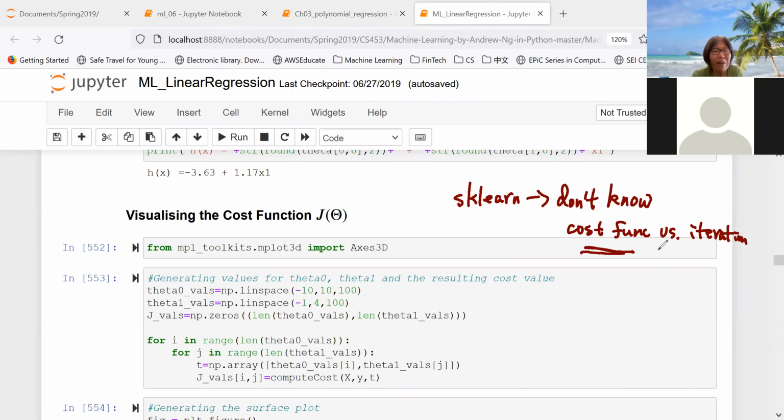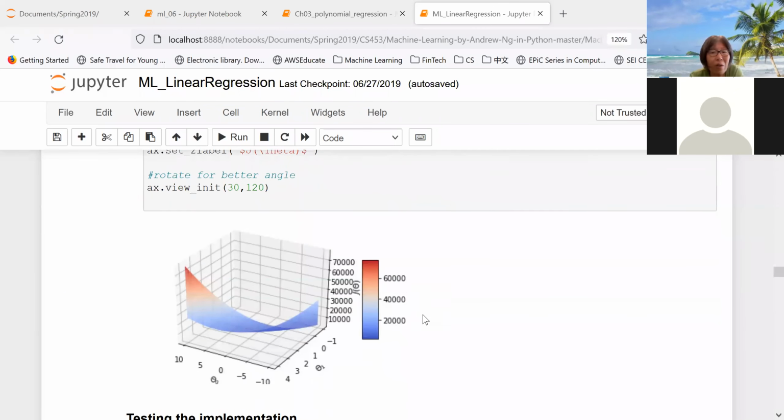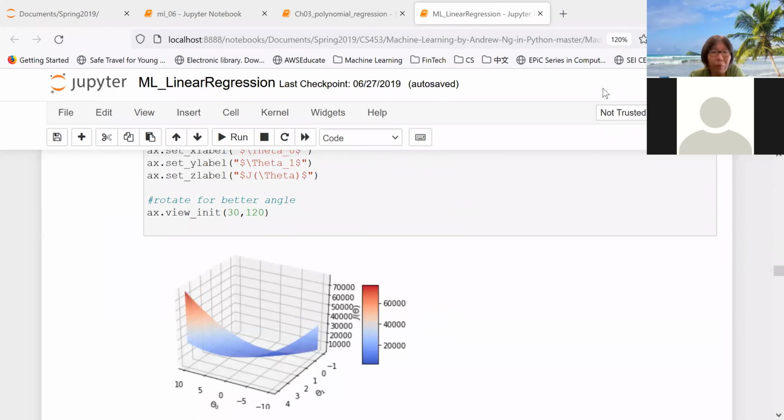So it doesn't provide that data. But a lot of times you may want to visualize the relationship between the cost function and not just the iteration, but also the weight. So here it's regarding the weight.